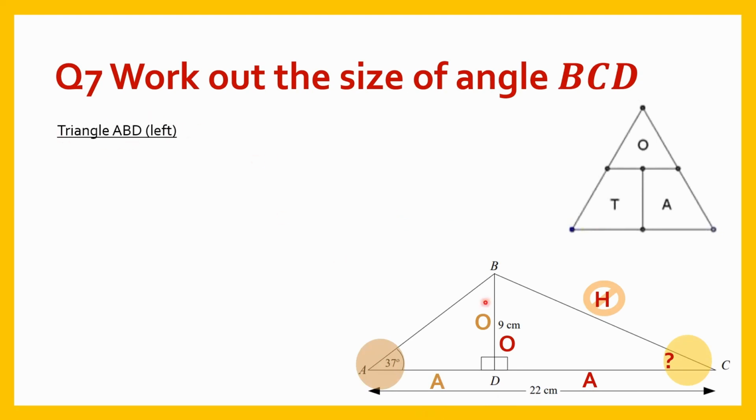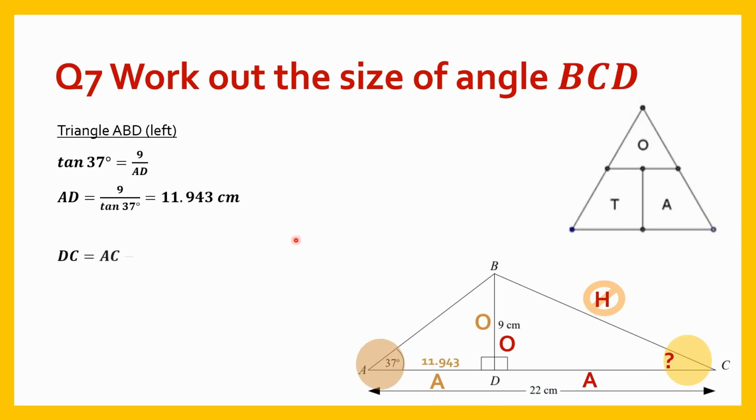Triangle ABD on the left hand side. We have tan 37 degrees equals 9 over length AD. Rearrange the equation, we have AD equals 9 over tan 37, which equals 11.943 centimeters.